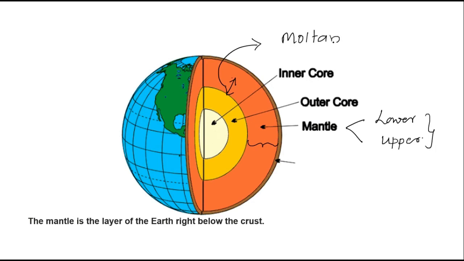What does it mean? Molten means it is semi-liquid. It is not just like a watery thing, it will flow, but it is kind of a solid, right?